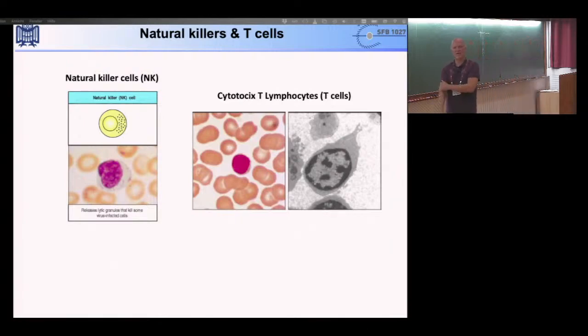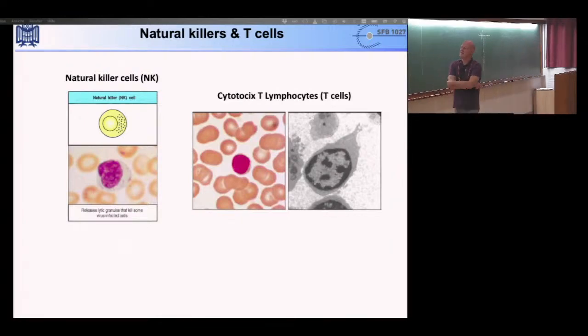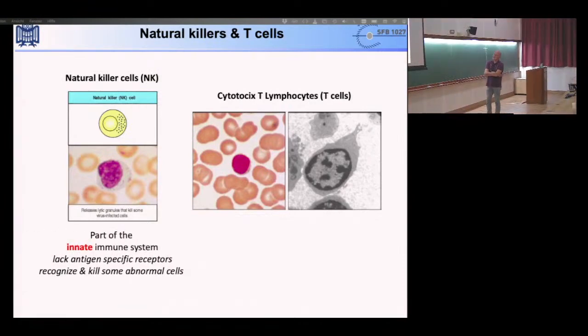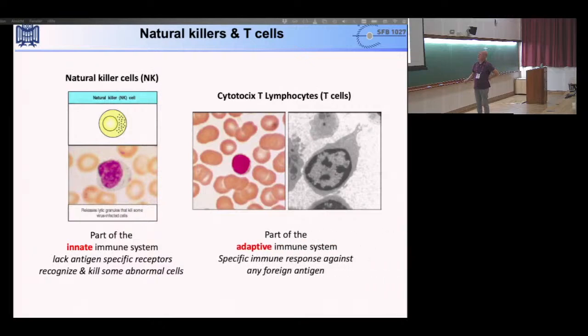The NK cells and the T cells kill in very similar, in the same fashion. The difference is essentially that the killer cells are part of the innate immune system. They do not have an antigen-specific receptor. They sort of genetically learned to recognize and kill some abnormal cells. But if something like COVID or Corona comes, then you need the T cells.